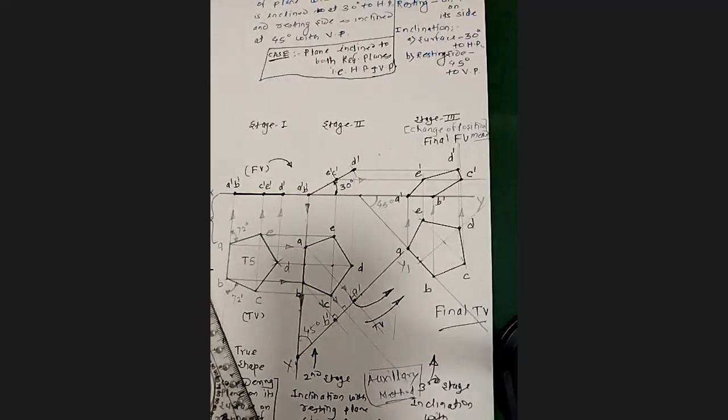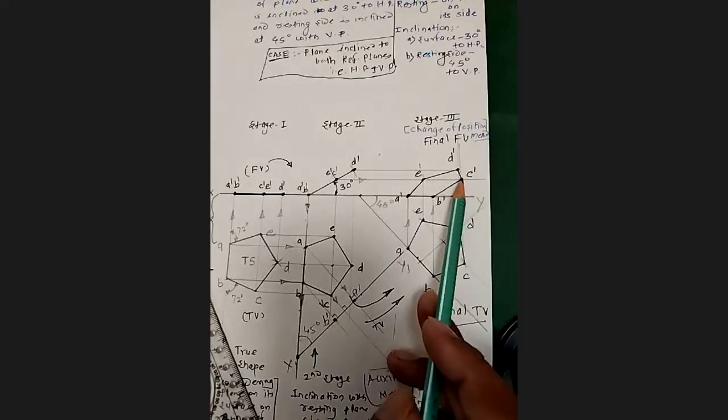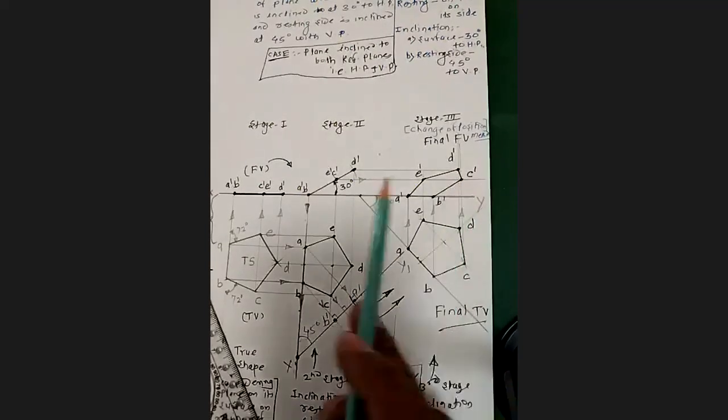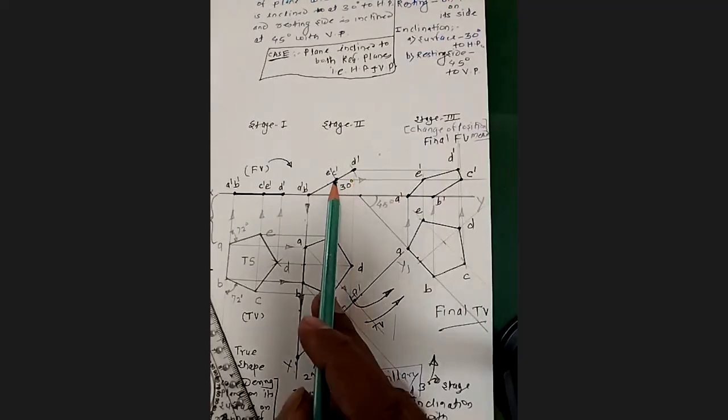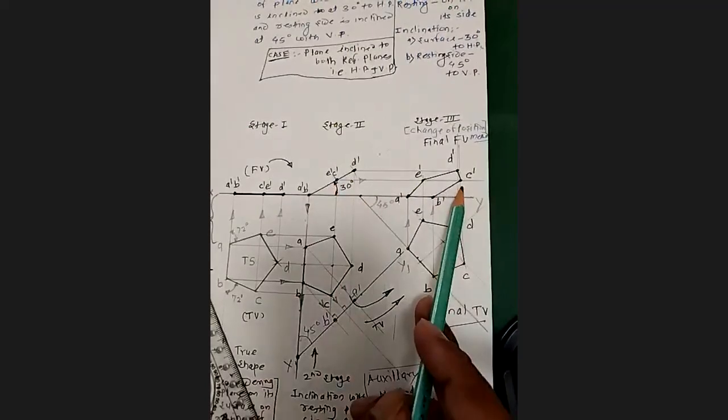Let's see point C. In the change of position method, your point C is away from the XY line by this much distance. Whatever the distance from here, that distance is going to be here.